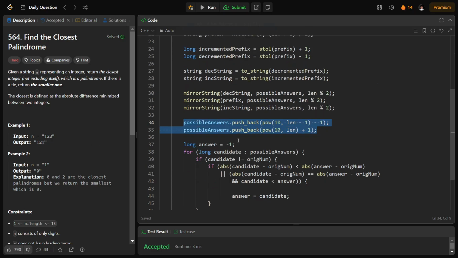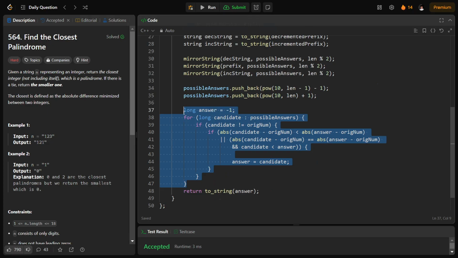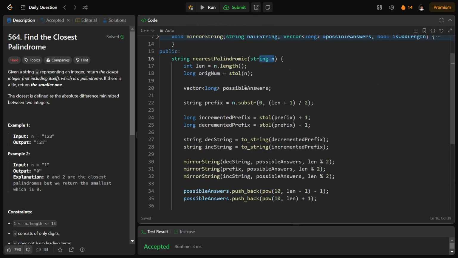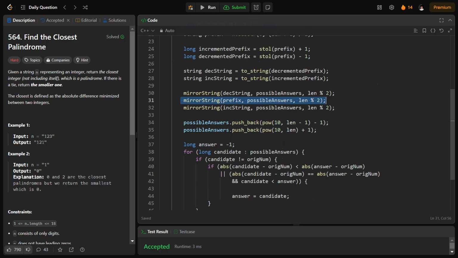Now I run a for loop: for long candidate, I iterate over all the possible answers, and I check that the candidate is not the original number. If the original string is a palindrome itself, then when you mirror the prefix you would get back the same n, so you would not consider that a possible solution.